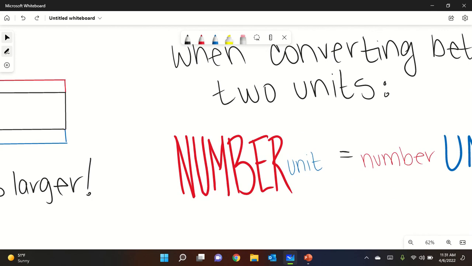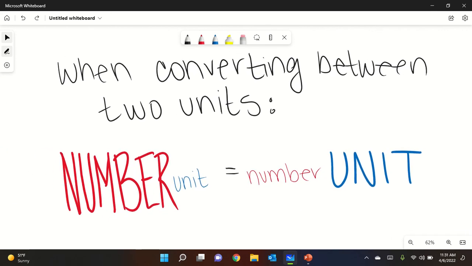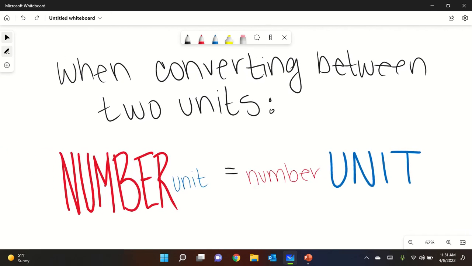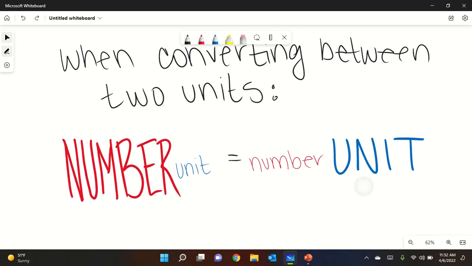So we run into this truth that when you convert between two units, if you have a large number, it is always going to be associated with the smaller unit. When you convert it, the number gets smaller and the unit gets bigger.